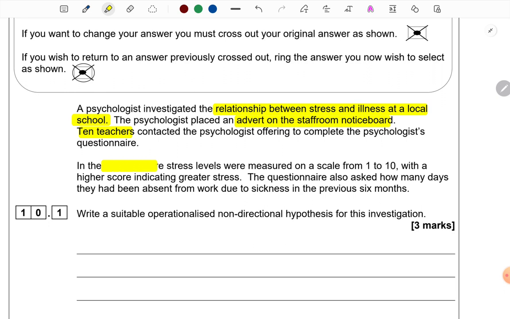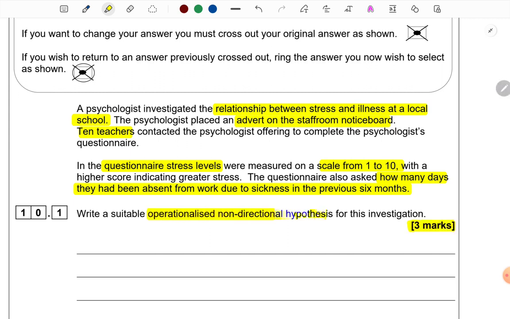In the questionnaire, stress levels were measured on a scale from 1 to 10, with a higher score indicating greater stress. The questionnaire also asked how many days they had been absent from work due to sickness in the previous 6 months. Now, the question they've asked us is, write a suitable operationalized non-directional hypothesis for this investigation.